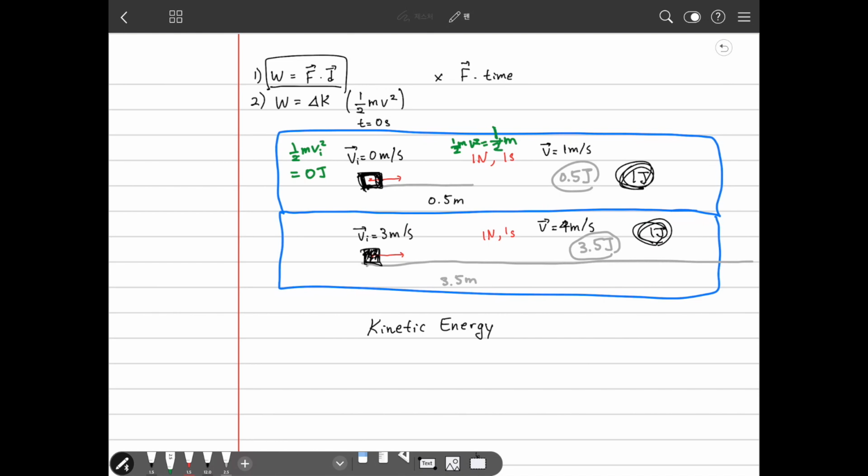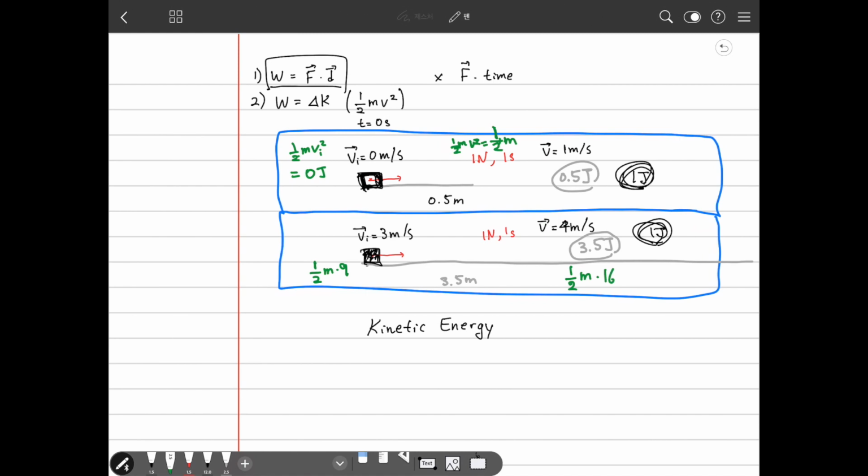1/2 m. In the case of the black block, the initial kinetic energy is 1/2 m times 3 squared, which is 9. And the final kinetic energy is 1/2 times m times 16, because 4 squared is 16.